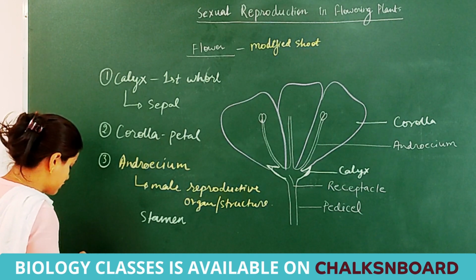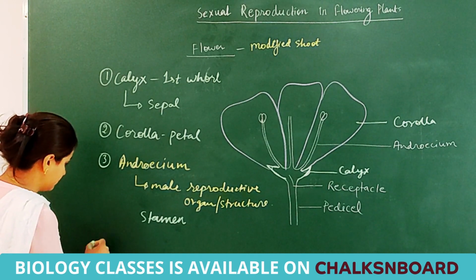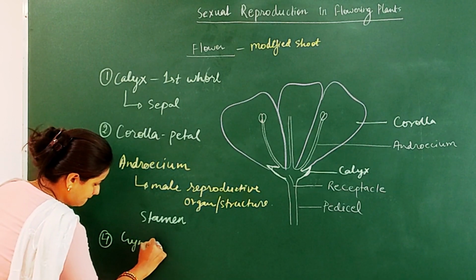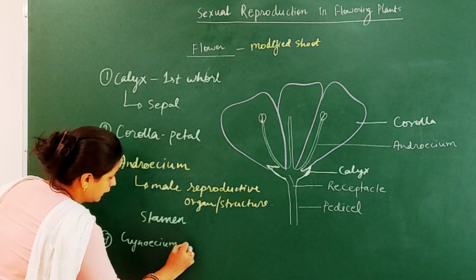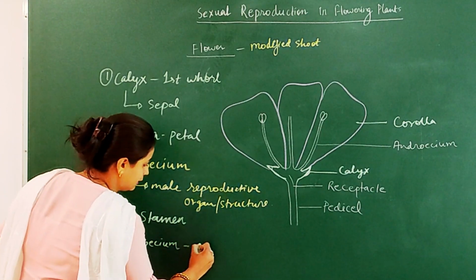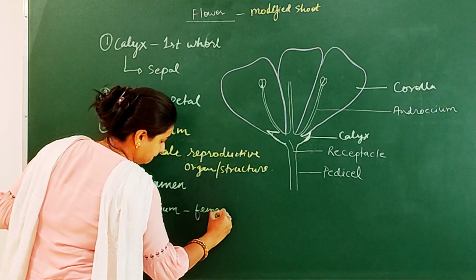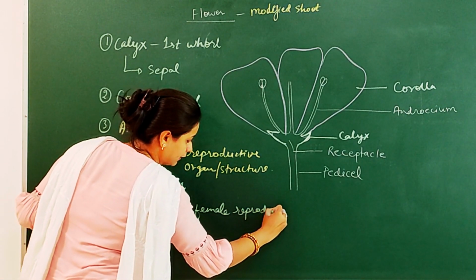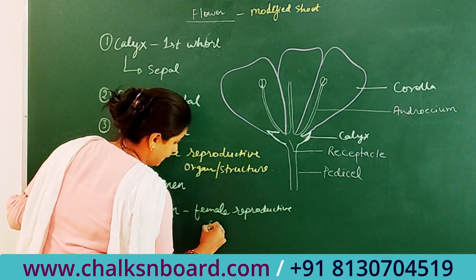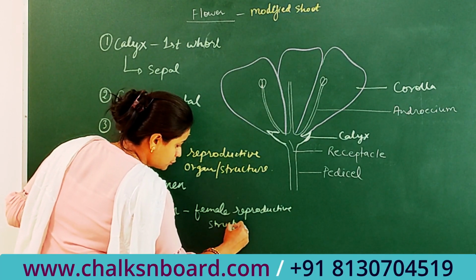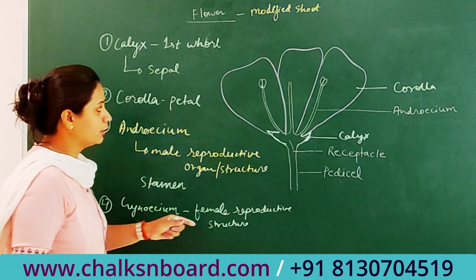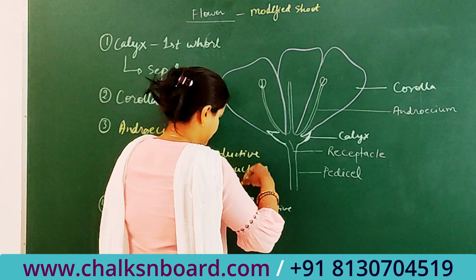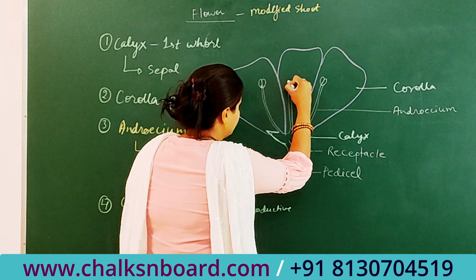Now, the next structure after androecium is gynoecium. Gynoecium is actually the female reproductive structure or organ. It is the female reproductive organ of the flower which is present in the center. We can see it here like this.